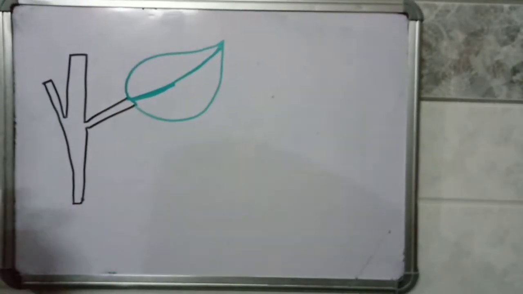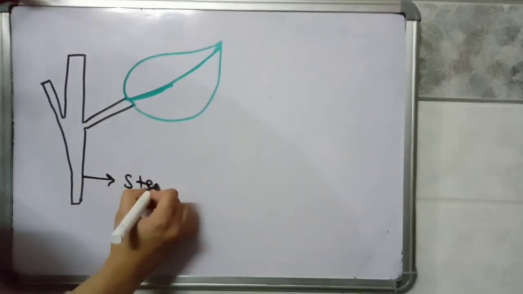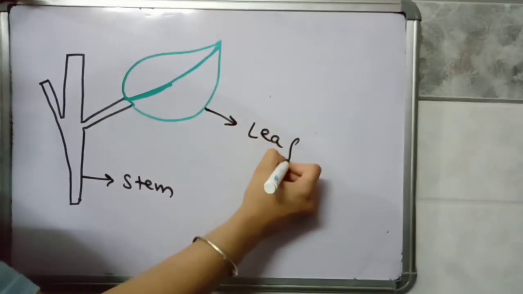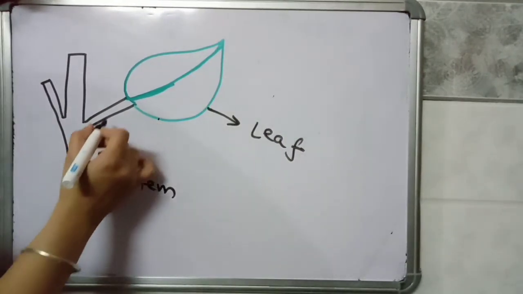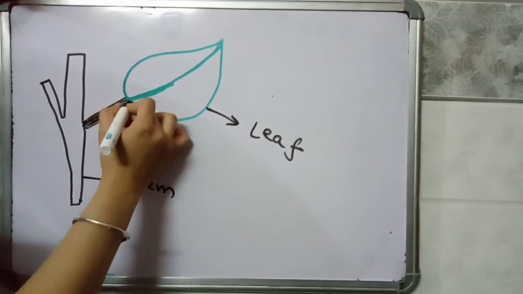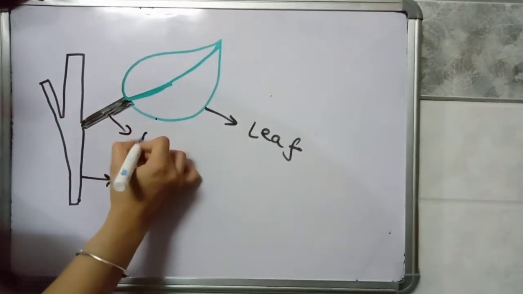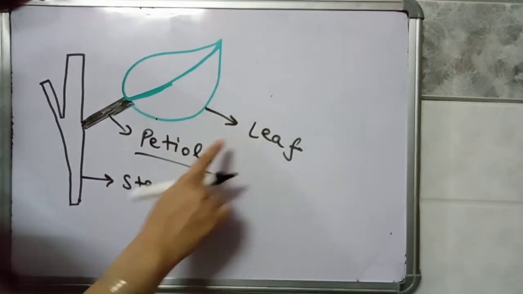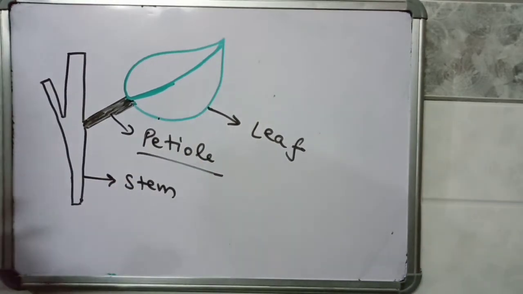Here this is the stem, and this is a leaf. Now the leaf is attached to the stem with the help of this stalk, and this stalk is known as the petiole. The petiole connects the leaf to the stem.